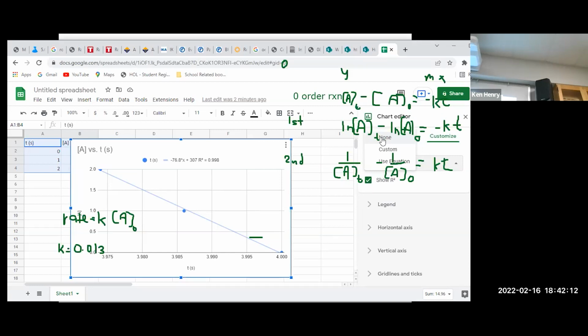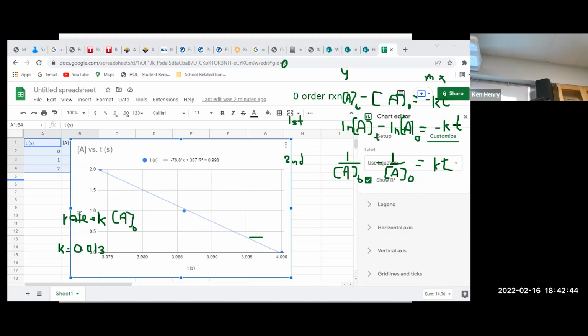I believe I made a mistake on the slide. It should be a zero order, because the data actually fits it pretty well, right? Like dead on. Let me see. What slide is that? 61.